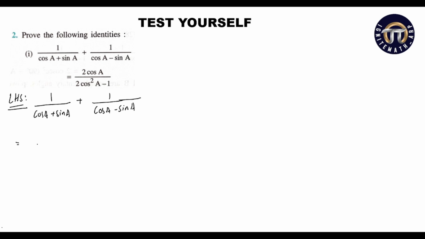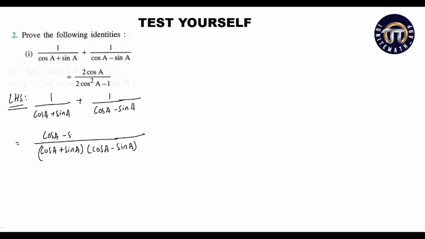So I will take the LCM. LCM is going to be cos A plus sin A, then cos A minus sin A, and here the numerator is to be multiplied with this.